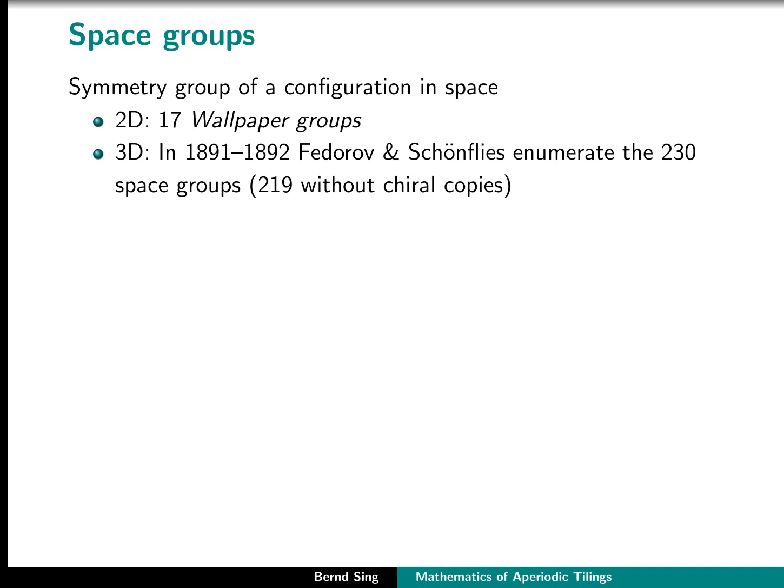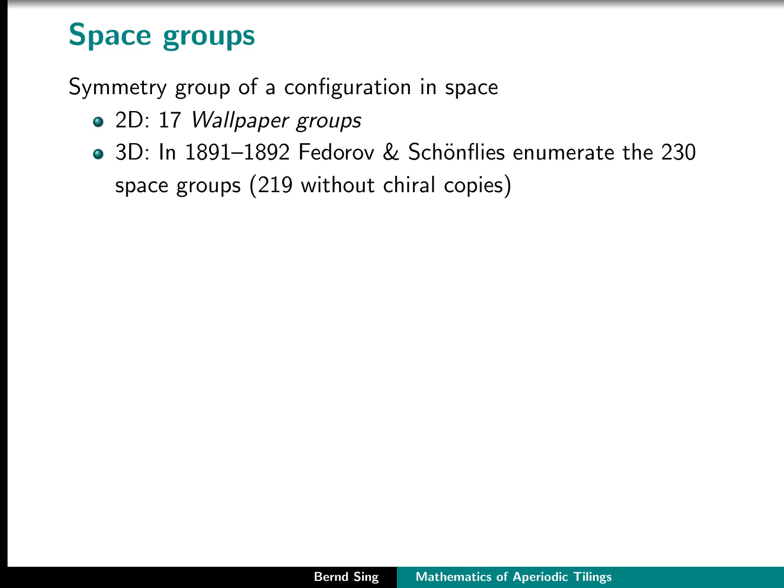They also calculated that there are 230 space groups. That's, for example, important in solid state physics to explain the properties of metals, alloys, and semiconductors.